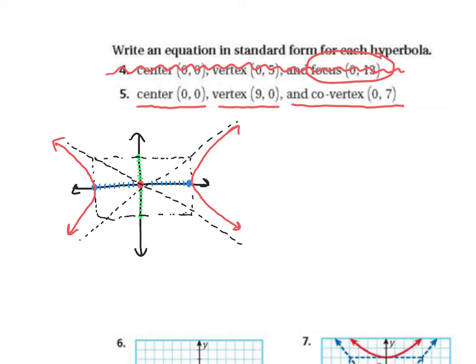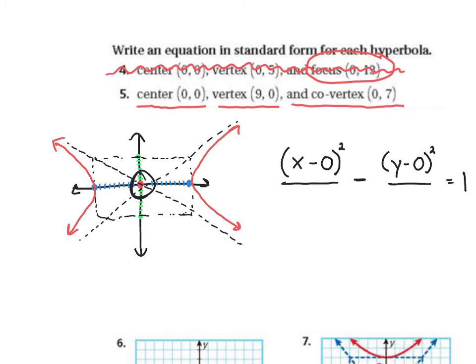Since this is a left-right, or what we call a horizontal equation, I'm going to start with my x minus something squared over something, minus, instead of plus, y minus something squared over something equals 1. Okay, so what's our shift? We didn't shift off of 0, 0, so it's minus 0, because we didn't.